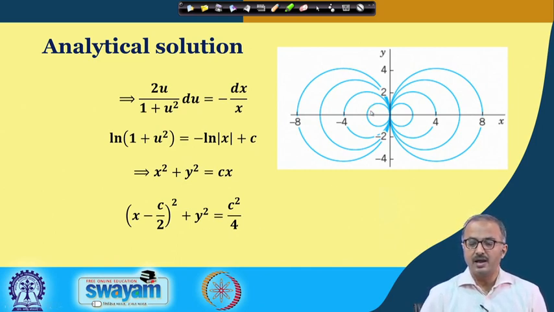This family of circles is also shown to be a reflection along this particular axis, and this is happening because the C may be positive or negative. Depending on the sign of the C, either I have the circle on the right hand side or a circle on the left hand side for the same value of C, but with different sign.